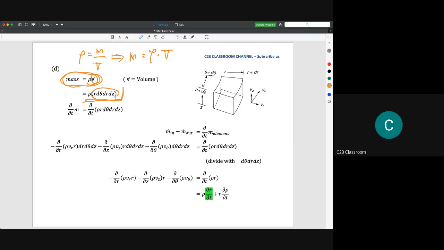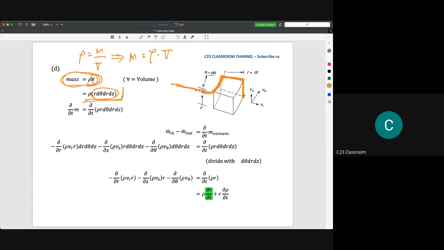So this is the volume. r d theta means the distance here is r, and this is the d theta, so we get the distance for this side. dr means the distance from this side, and dz is the depth of this cube. Again, because we assume this particle is very, very small, we could assume that this particle is actually a cube.